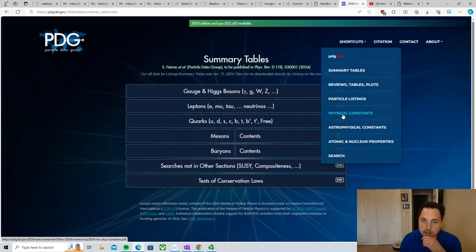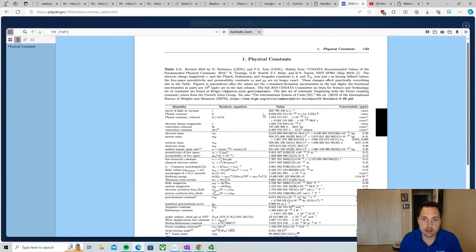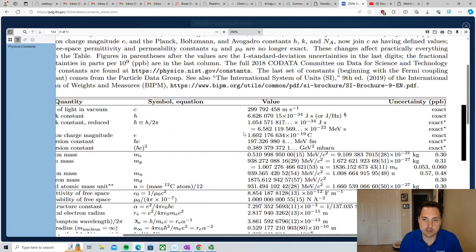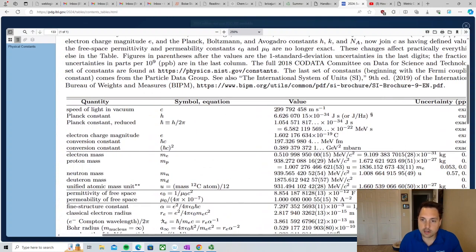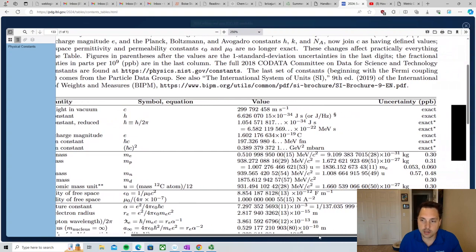So on this website, what this would be under is physical constants. So speed of light here is listed as 299,792,458 meters per second, and it's given as an exact value.